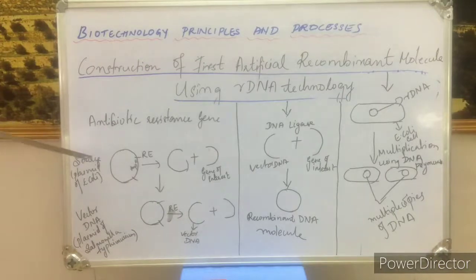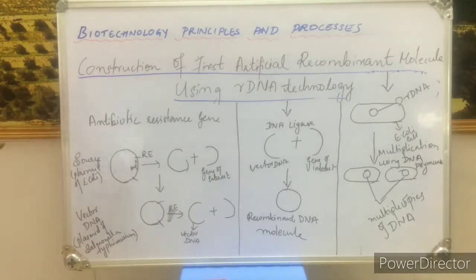So now we are going to isolate the gene of interest from the plasmid. Using the isolation procedure, we first isolate the genetic material, the plasmids of the bacteria. In this case it is a plasmid of E. coli. Now the whole plasmid doesn't have antibiotic resistance genes.